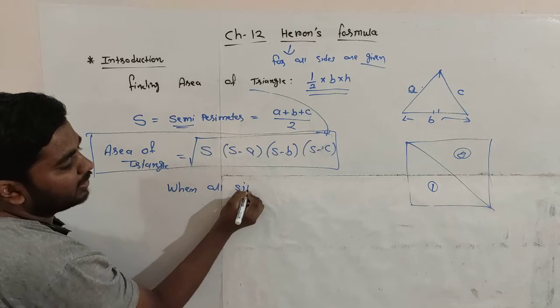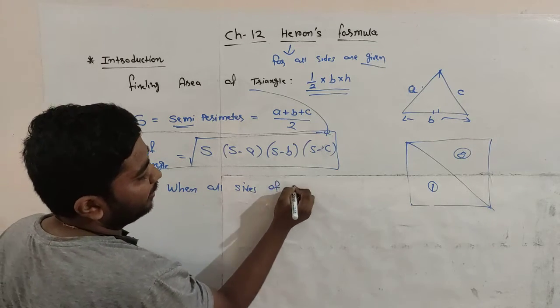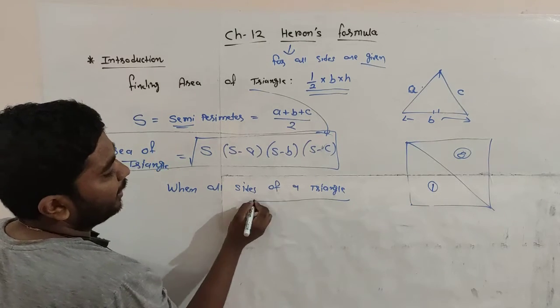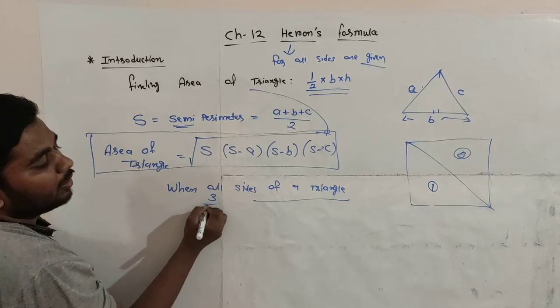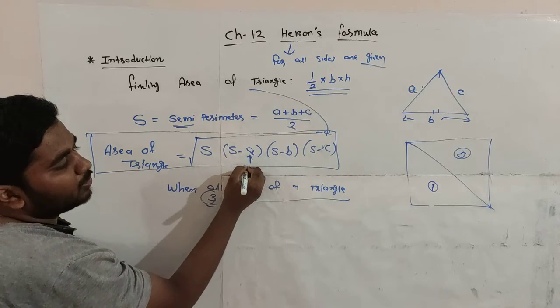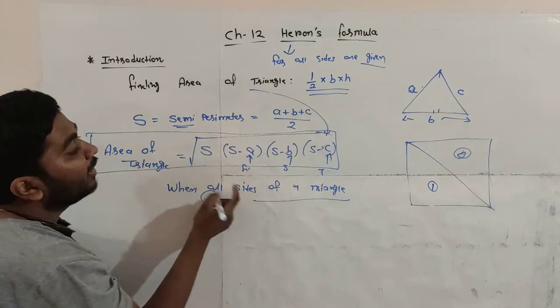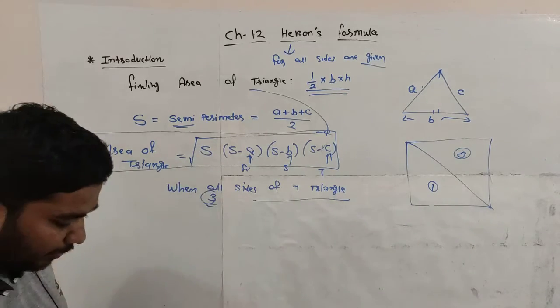Here A is the first side, B is the second side, C is the third side, and S is the semi-perimeter.